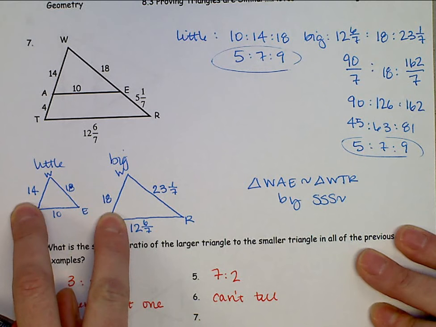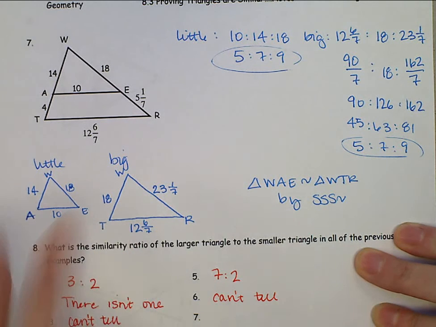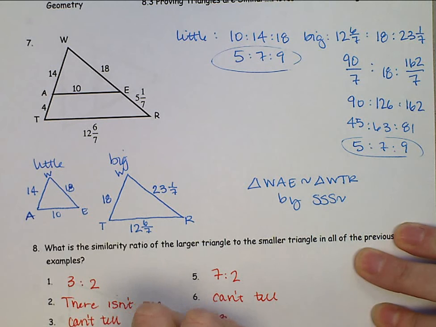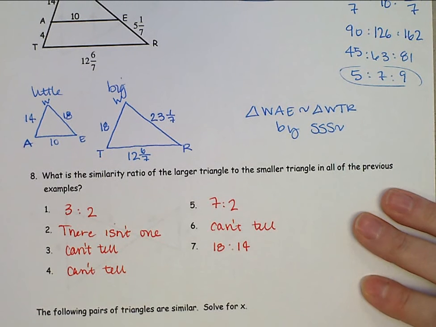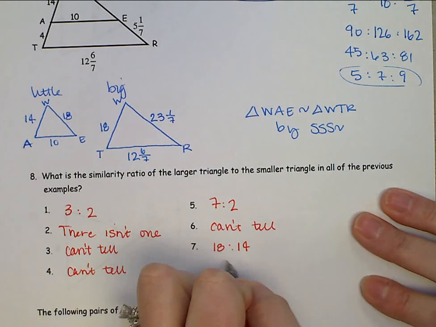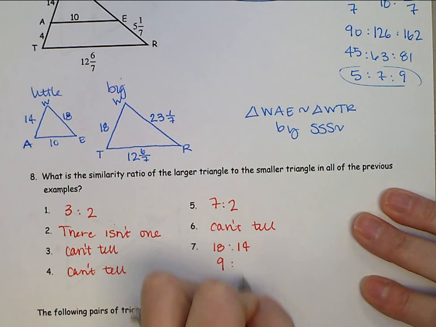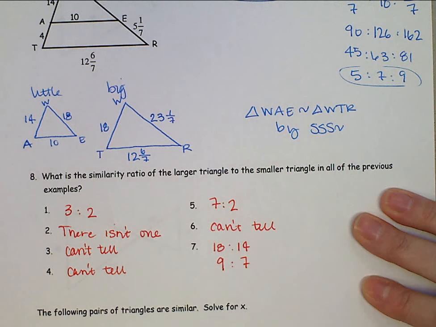So if we start with 18 to 14, those will reduce. Divide by 2. 18 divided by 2 is 9. You guys see that? No. It would help if I moved it like that. Okay. So if you divide 18 by 2, you get 9. 14 divided by 2 is 7. So the larger to smaller similarity ratio in this problem number 7 was 9 to 7.